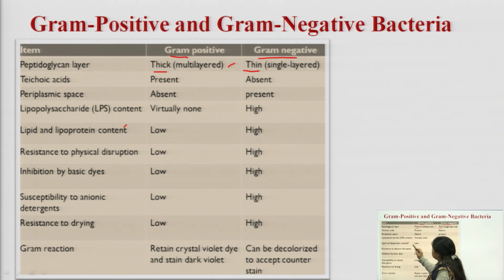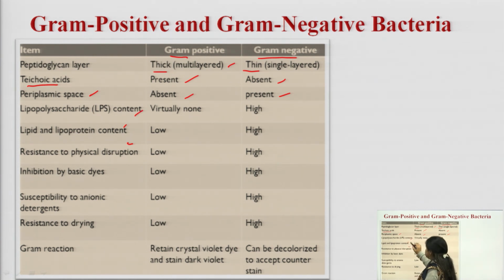Teichoic acid is present in gram positive bacteria but absent in gram negative bacteria. Next, periplasmic space is absent in gram positive, whereas it is present in gram negative bacteria.